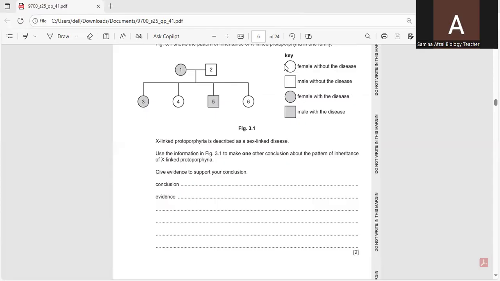You can see over here, first of all, we have to conclude. Our conclusion is that it shows X-linked dominant inheritance.